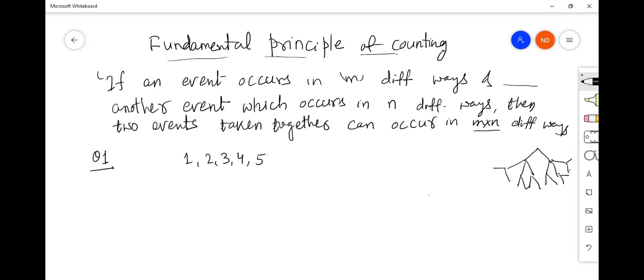Each digit is used only once. So we are forming three-digit numbers, and we are given 1, 2, 3, 4, 5, five digits.